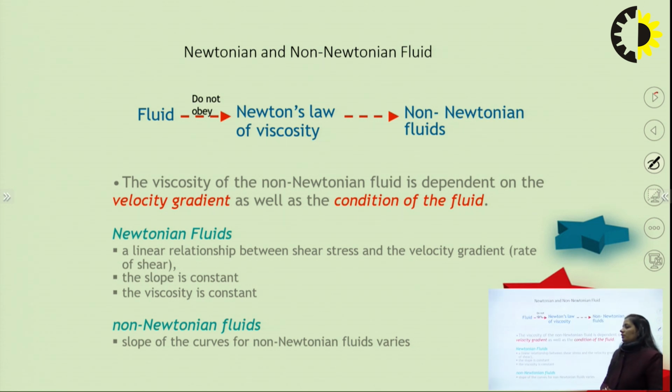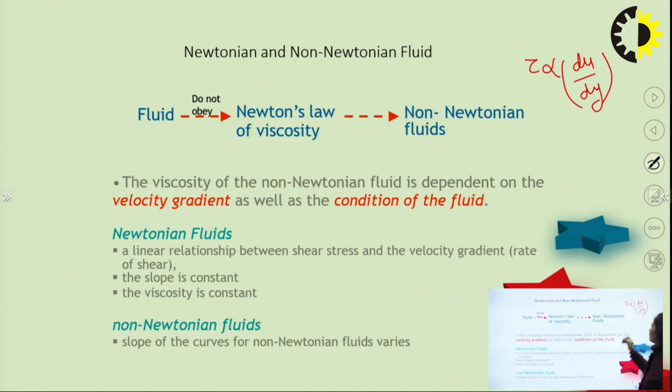Now we are going to discuss the category of fluid. That category is actually related to shear stress. What we have studied in previous slides is that in the case of fluids, shear stress is proportional to du by dy, or you can say velocity gradient, or shear strain.